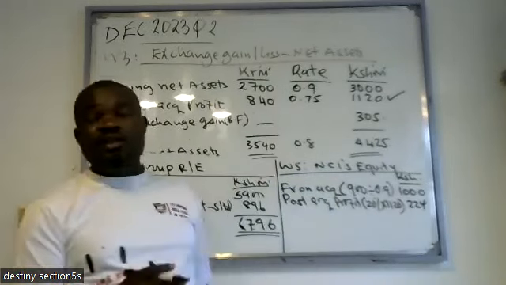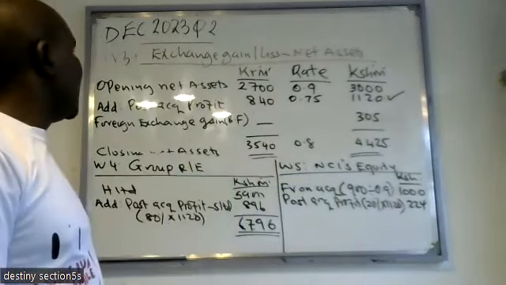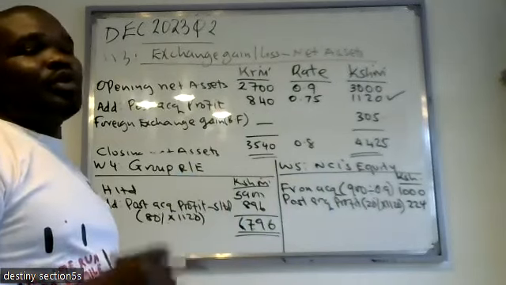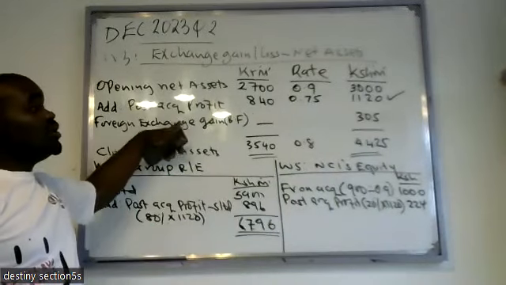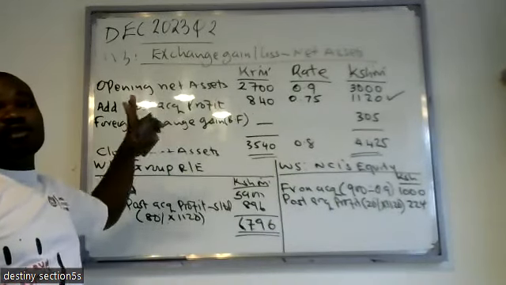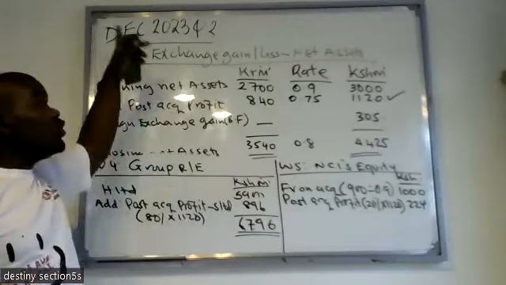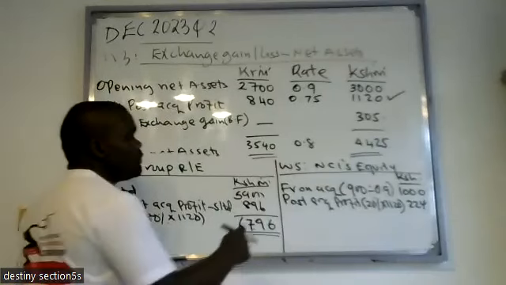Then in this company, there has been foreign exchange gains on goodwill and also there is on the net assets. So minority has received foreign exchange gains twice, on goodwill and also here. So you top them up.